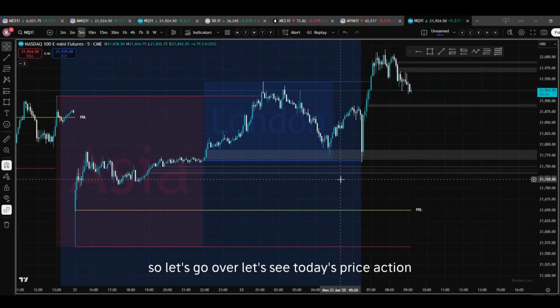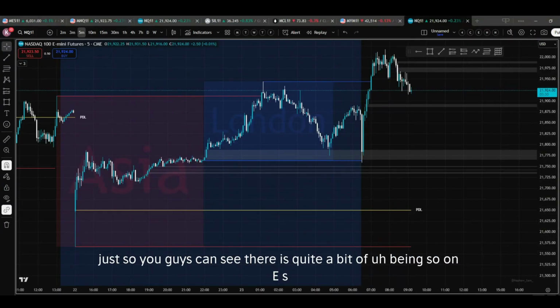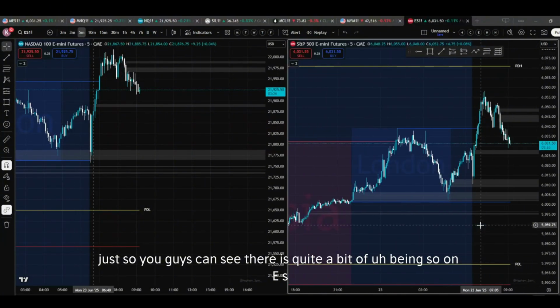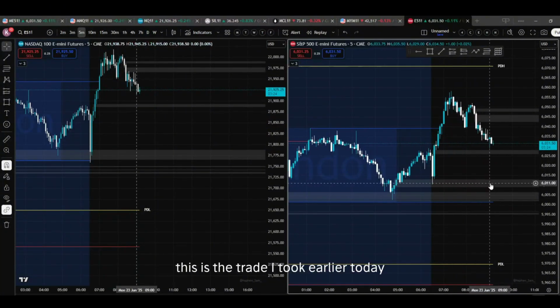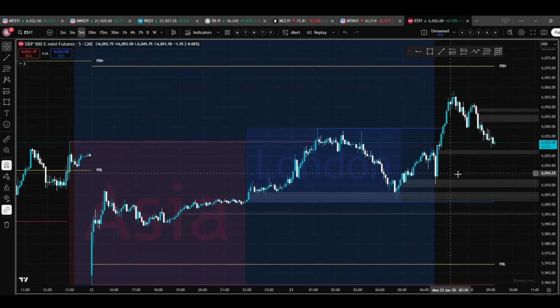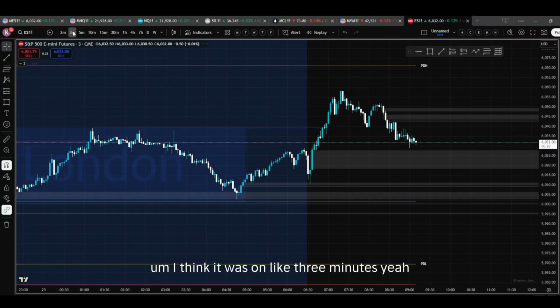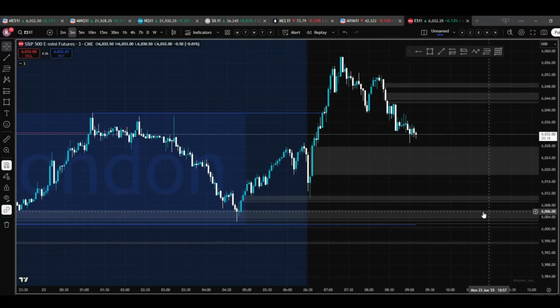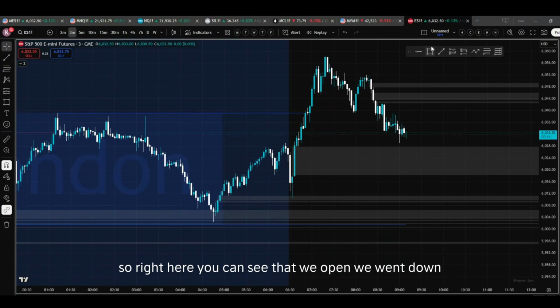So let's see today's price action, just so you guys can see, mostly on ES. This is the trade I took earlier today. I think it was on the 3 minute. So right here, you can see that we opened, we went down.